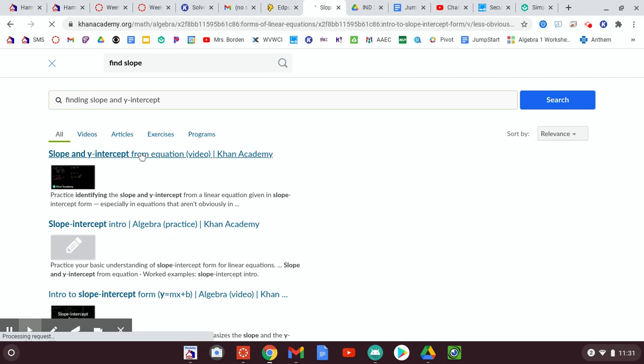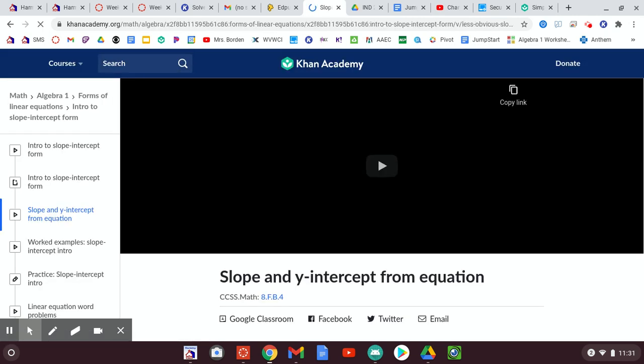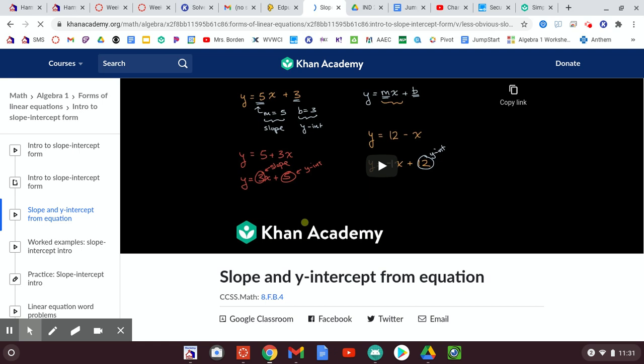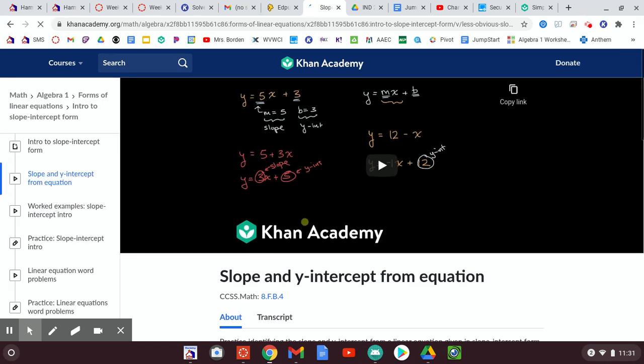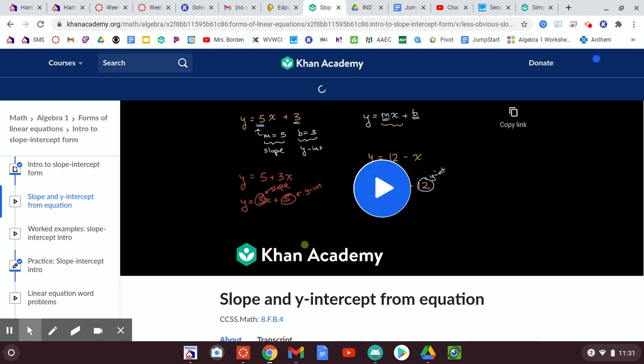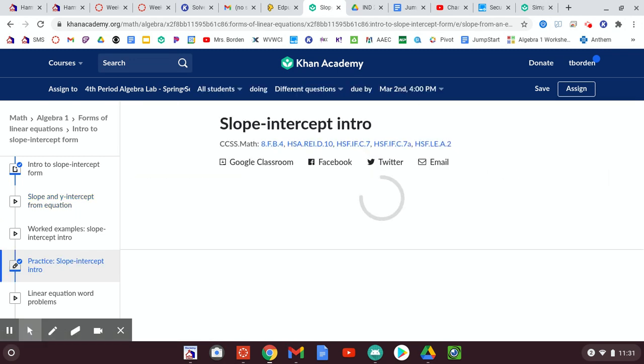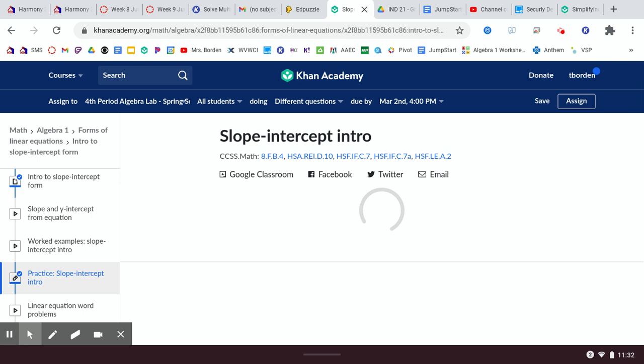Slope and y-intercept from an equation. So what this means is, and we're not going to watch the video because he's going to go through everything that we just went through, but we're going to go, let's see, slope intercept form. Let's do this one. So we're going to just work through this together.